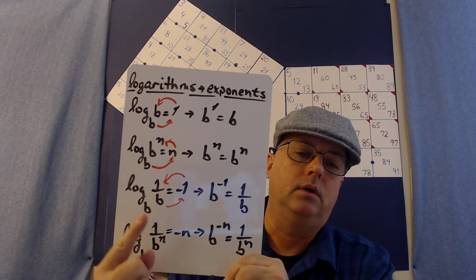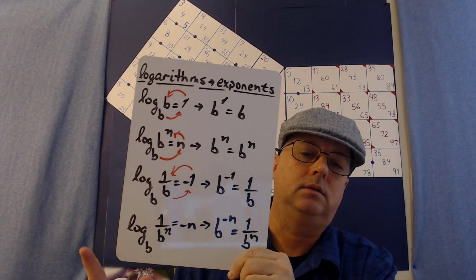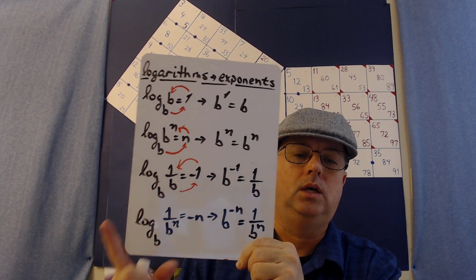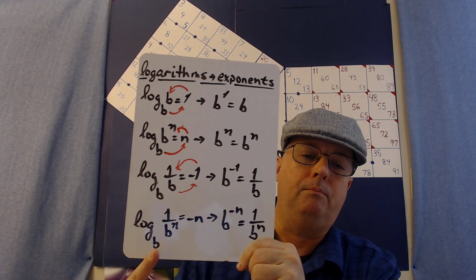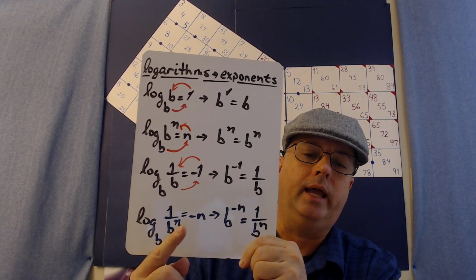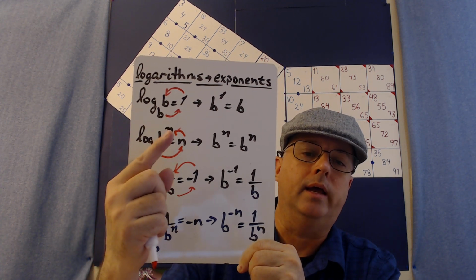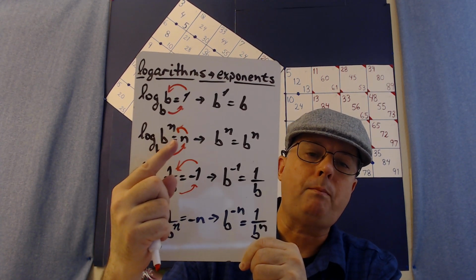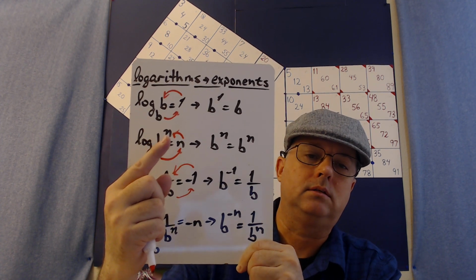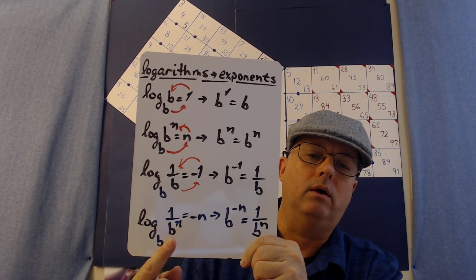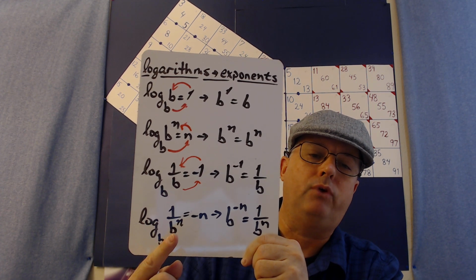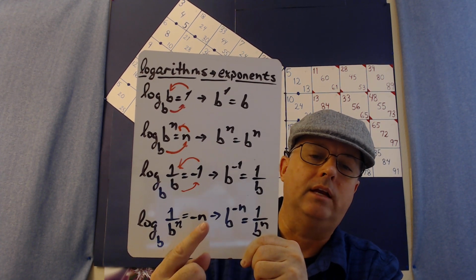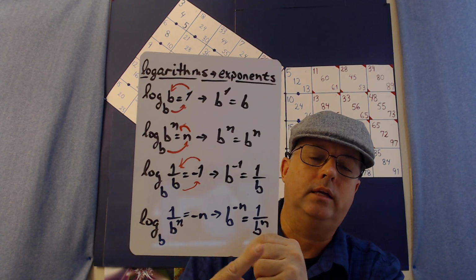It takes the base and makes it 1 over that base. And then if you're asking what power of b makes 1 over b to the n, how do we get a fraction? Well, we need to raise it to the -n power to get a fraction. So b to the -n is 1 over b to the n.